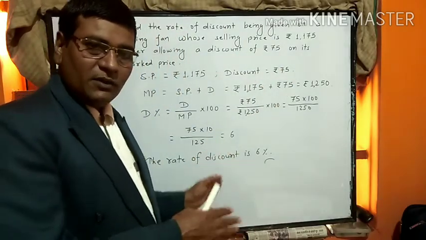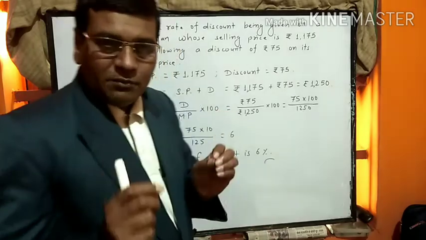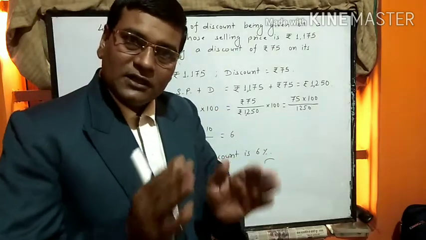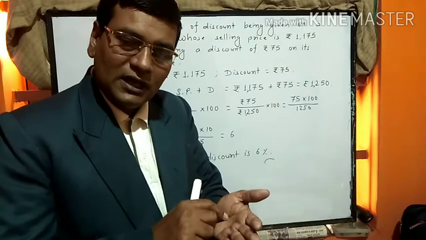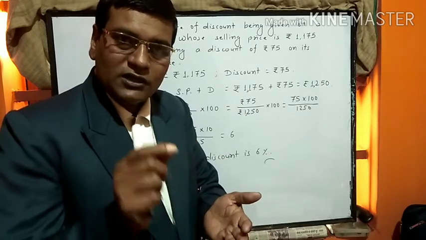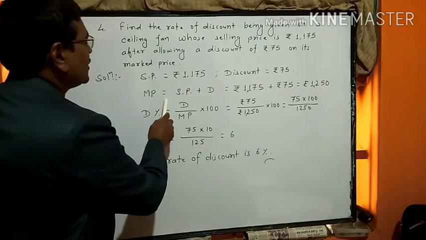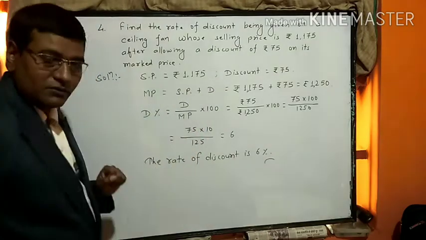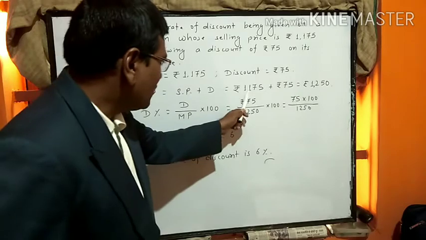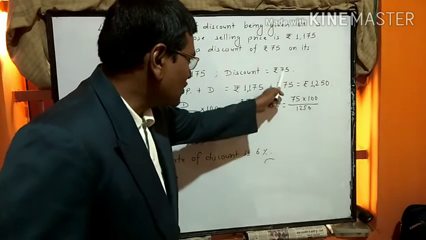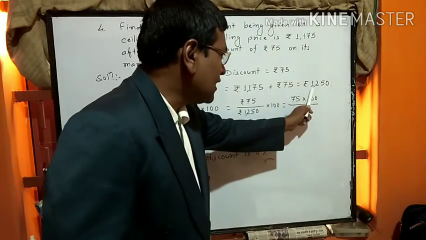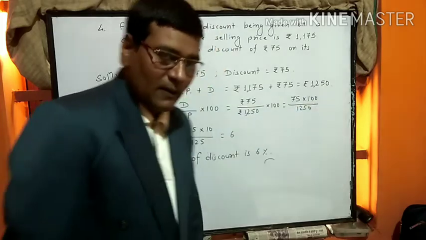As you did it before, CP equal SP plus loss. Now put MP in place of CP and put discount in place of loss. So you get here MP equal SP plus discount. MP equal 1175 plus discount 75. Add them, it will be 1250.